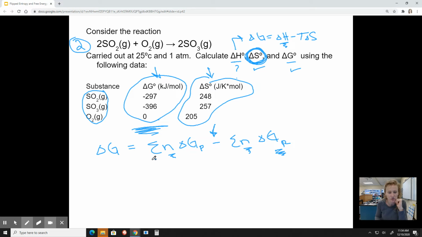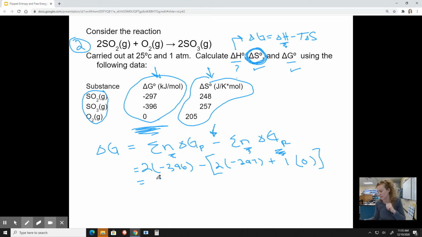Okay, so here we go. Let's do delta G. So 2 times the product, SO3, negative 396, minus your reactants. So 2 times SO2, which is negative 297, plus 1 oxygen times its free energy, which is 0.